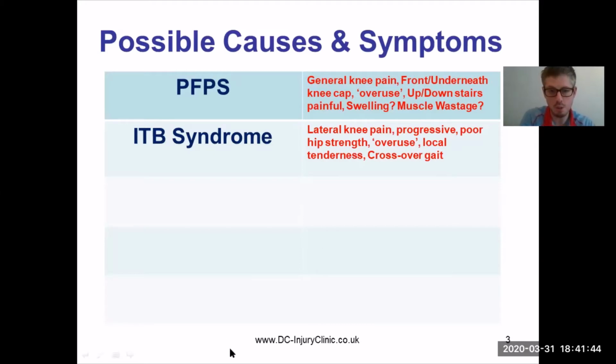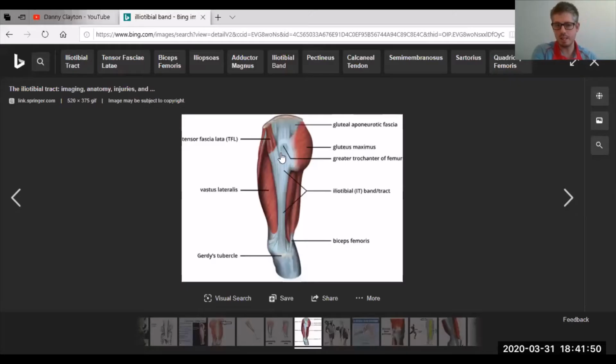For those of you who are unfamiliar with the iliotibial band, it's this thin fibrous tissue that runs alongside the outer thigh, goes right from your gluteal muscle to the top of your lower leg bone, like Gerdy's tubercle. And like I say, underneath there, there's a fat pad that's very highly innervated and causes a great deal of pain when it's frictioned.